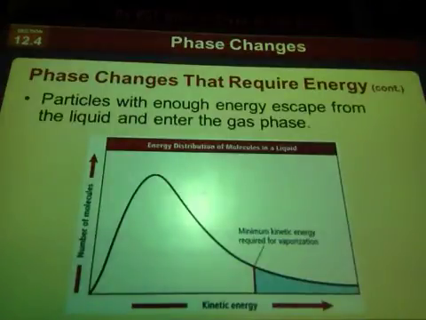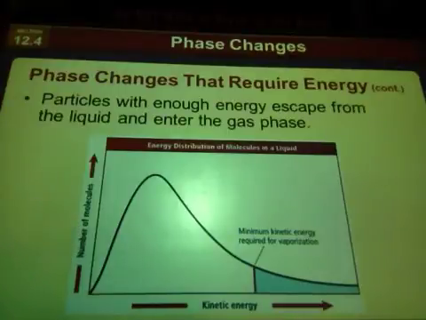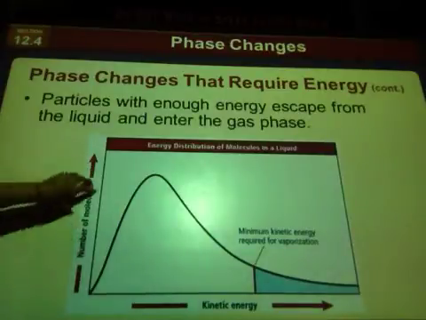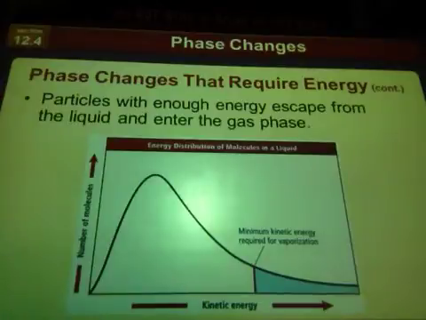Okay, so particles with enough energy can escape from a liquid and enter into a gas phase. Based on this graph here, this is just an energy distribution of molecules in a liquid. I have number of molecules on my y-axis, and I have kinetic energy down here on my x-axis.